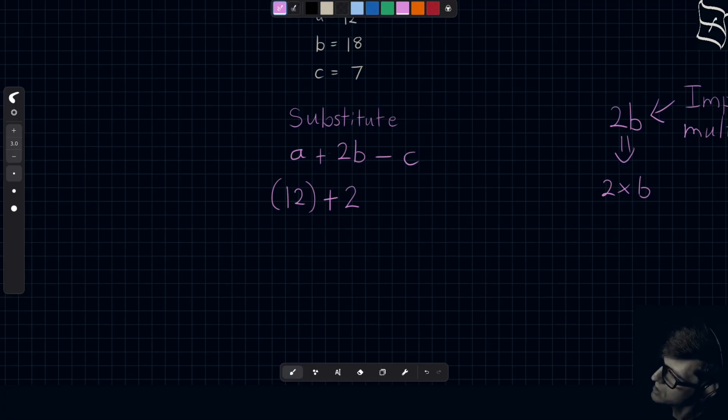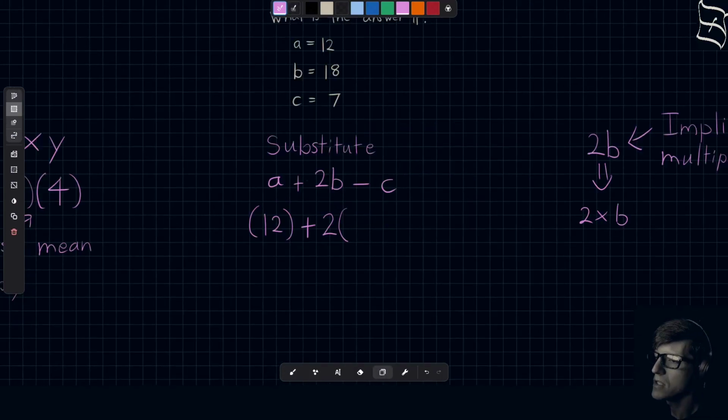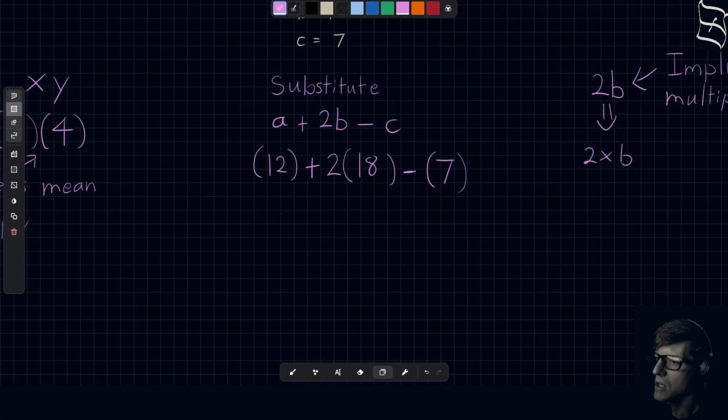Now here's the interesting thing, okay? Parenthesis means the same thing as multiplication. We have a plus 2, and then we take b, which is 18, and we drop it in the parenthesis, and then we have minus, and we open parenthesis for c, which is 7. So we've substituted. Now we're going to simplify.